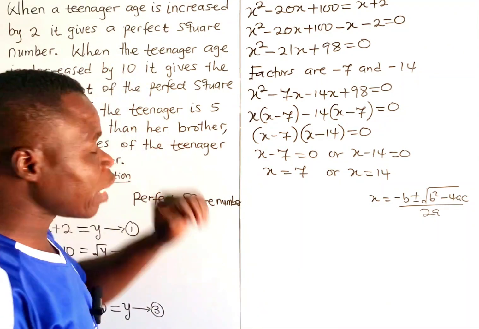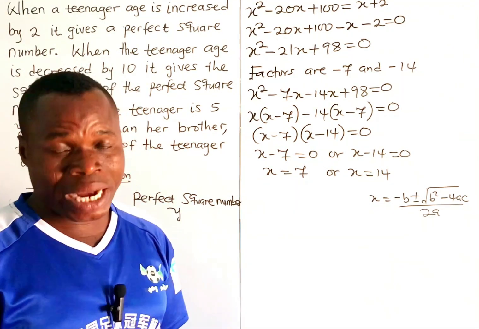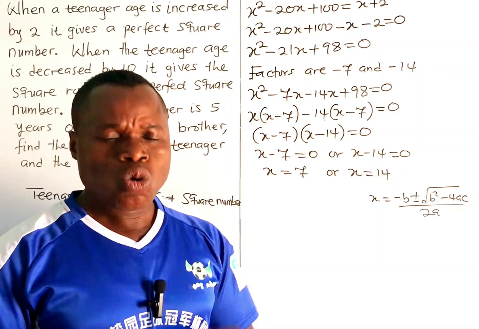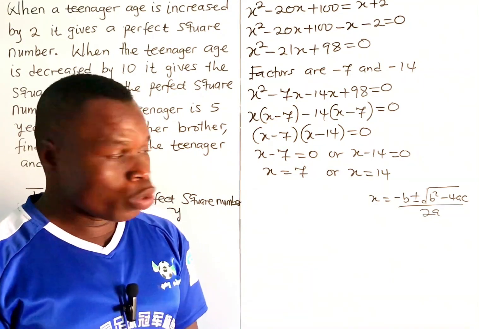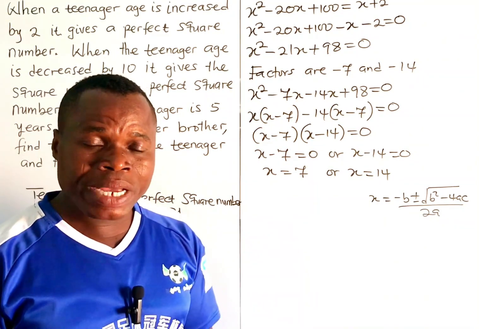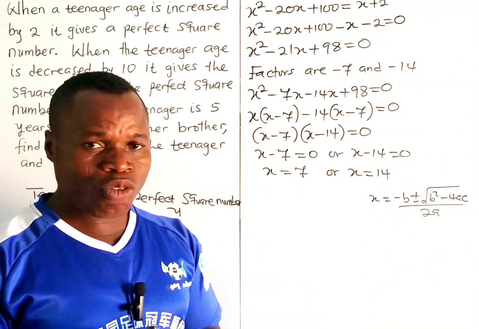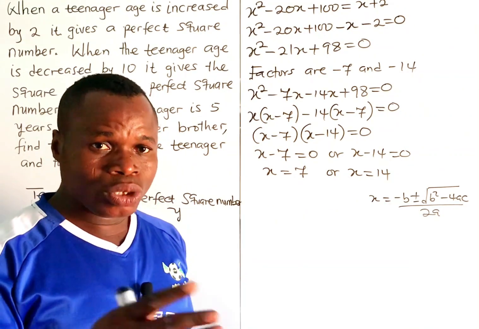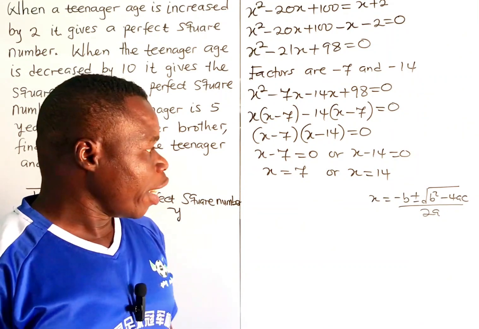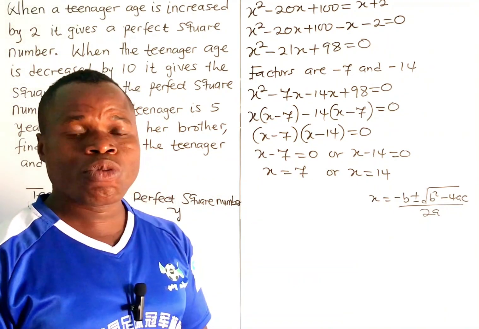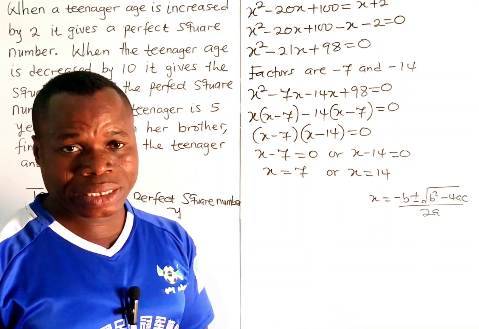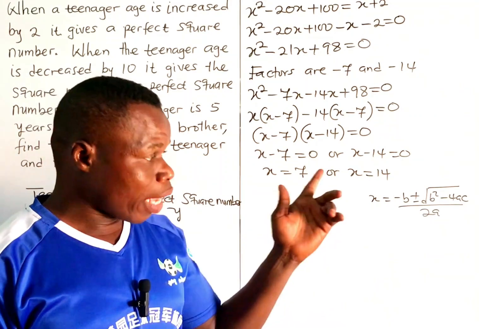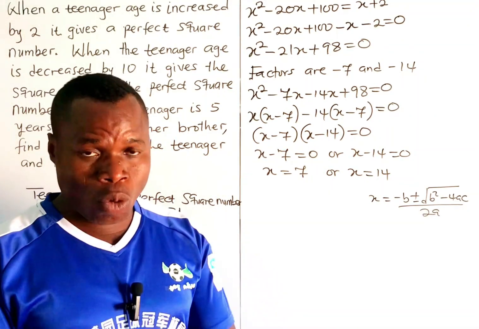In the question, they are saying that the person is a teenager. Then you now ask yourself, who is a teenager? And we know that a teenager is a person whose age falls within 13 to 19. And 7 and 14, which of them will fall within 13 to 19? And you can see that the possible answer is going to be 14.